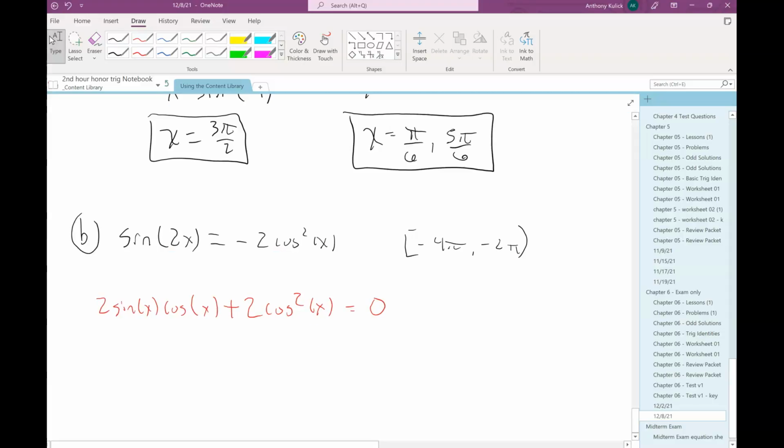I notice I have a greatest common factor of 2 cosine x. So I'm going to factor that off. Is that okay?